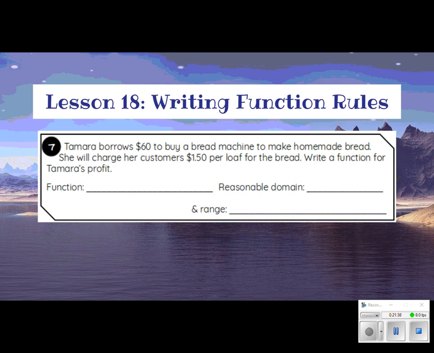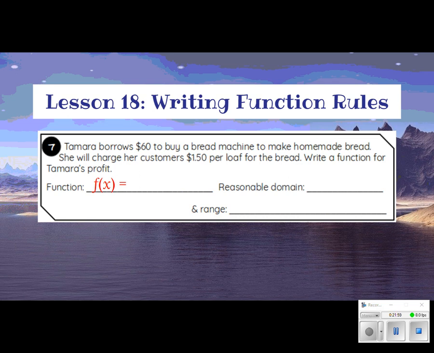All right, so because there are no variables in number 7 given to us, we're going to use f of x. And we know that she is borrowing $60, so that's going to put her in debt. She's going to owe $60 before she even makes any bread. So she's going to have a negative profit.